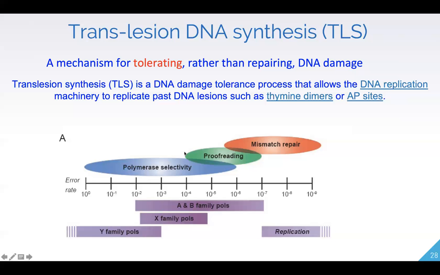But there's a third class of DNA polymerases that have a very low fidelity, but very high processivity. In other words, they don't care very much what is the base in front of them in order to insert the opposite base. They don't care very much about the complementary strand. All they need to do is to processively insert nucleotides. So these are what we call the Y family polymerases, and they are very low fidelity polymerases.